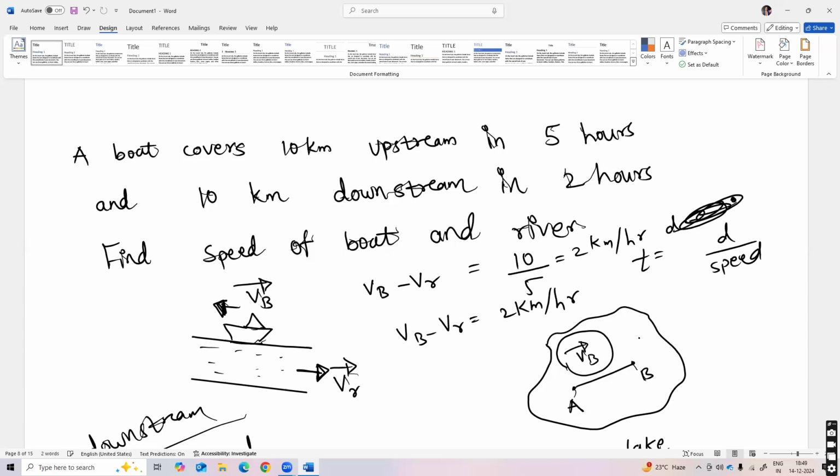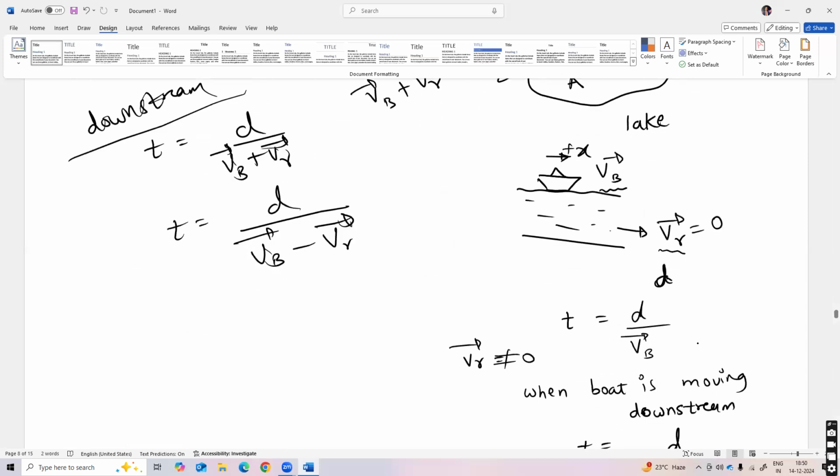Whereas in the downstream case, the boat is covering 10 kilometer in 2 hours. In the downstream case, net velocity is given as vb plus vr, which is distance upon time, so it is 5 kilometer per hour. Now you have two equations: vb plus vr is equal to 5, and vb minus vr is equal to 2.